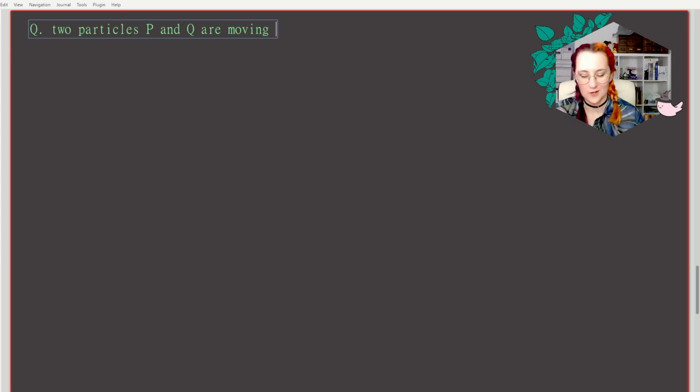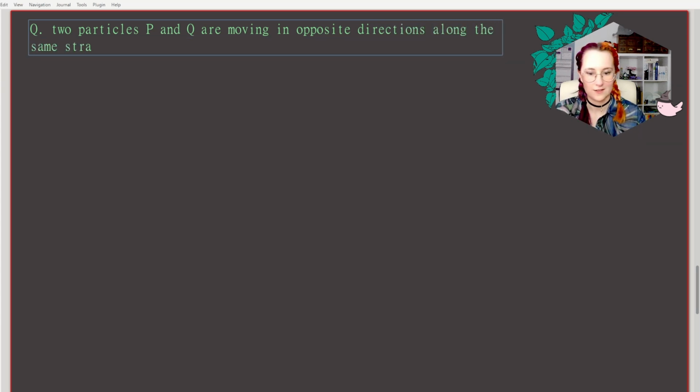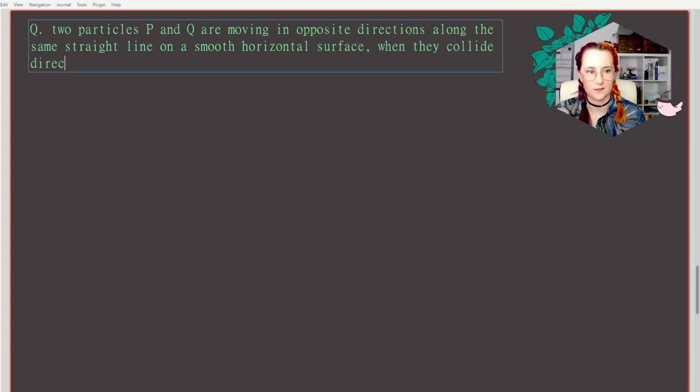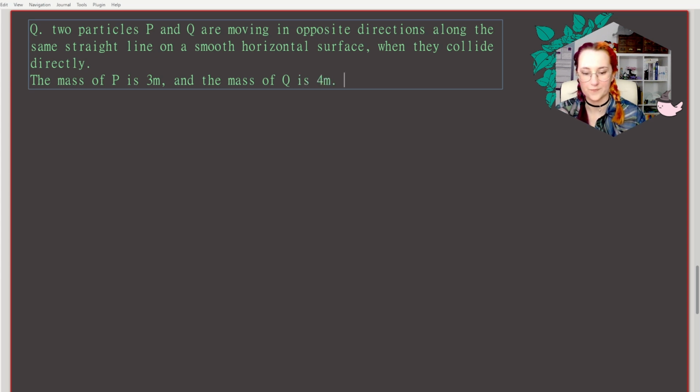Two particles P and Q are moving in opposite directions along the same straight line on a smooth horizontal surface. When they collide directly, the mass of P is 3m, and the mass of Q is 4m.